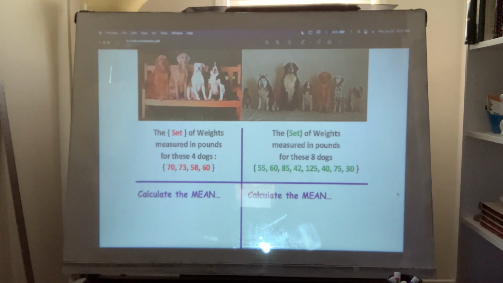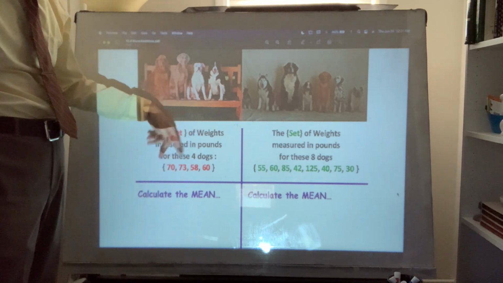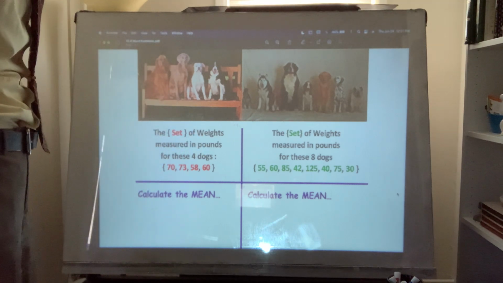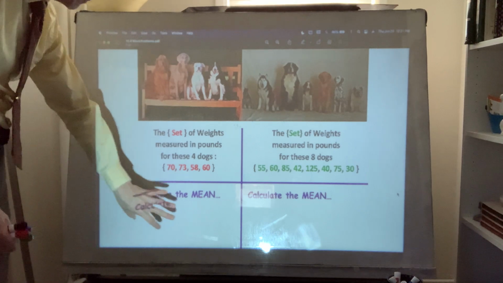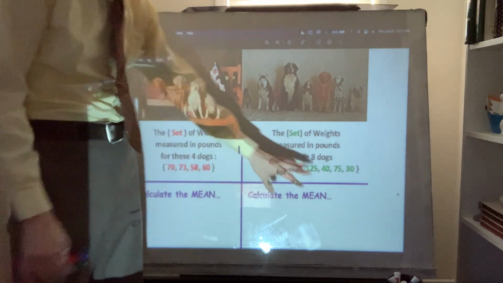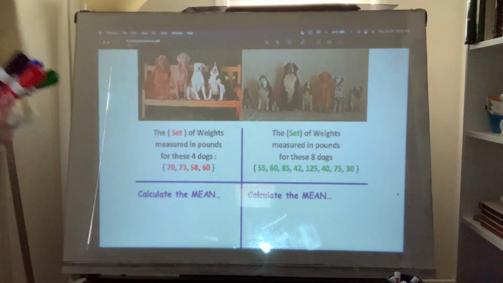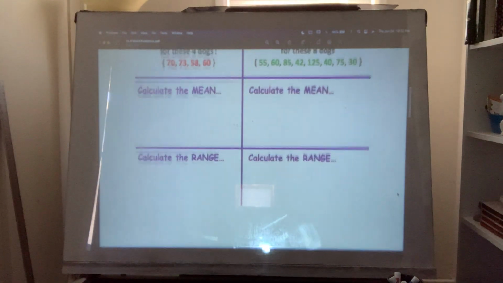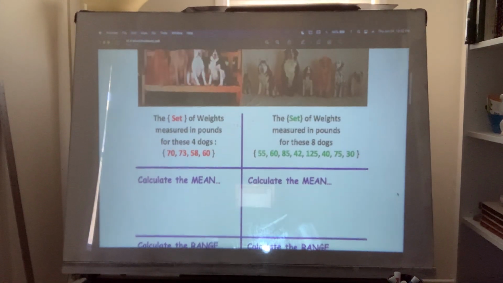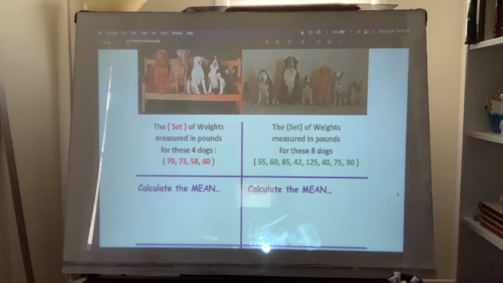To be a good sport, you really should put these in numerical order, but it may not be imperative. We're going to calculate the mean first of each of these, and then we'll calculate the ranges. This is a basic exercise.